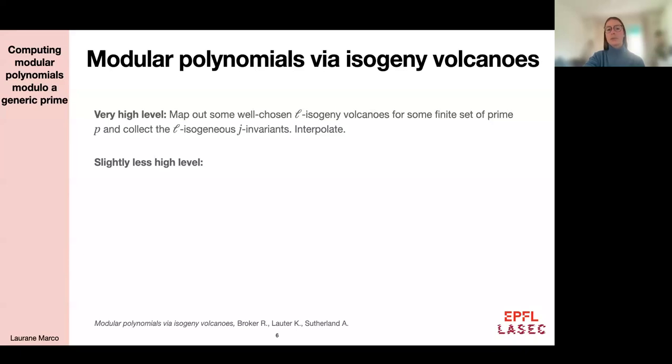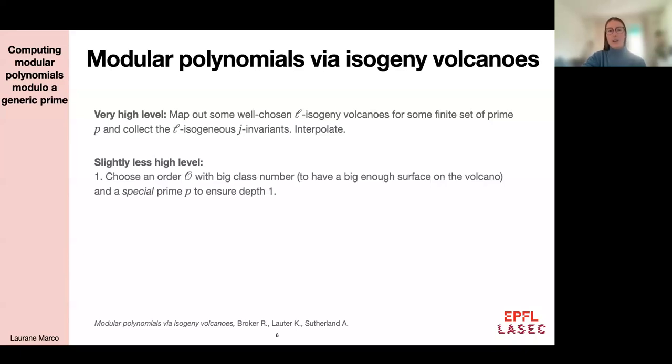If we look a little bit more in detail, you start by choosing an order O, which corresponds to the endomorphism ring of your curves. You want this to have a big class number so that you have enough surface on your isogeny volcano. So we're dealing with ordinary elliptic curves here. And then you choose a prime P to ensure that your volcano has depth 1.